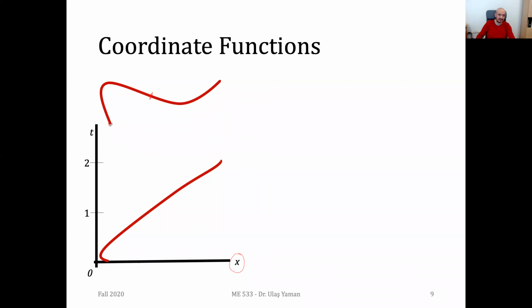This is the start of our curve, the intermediate points, and the end point. So at t equal to 2, you should have such an x value, and at t equal to 1, that is our value, okay?